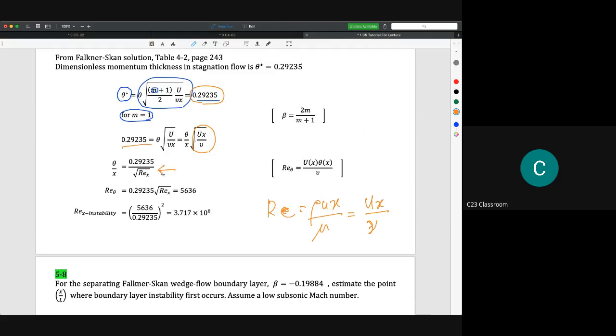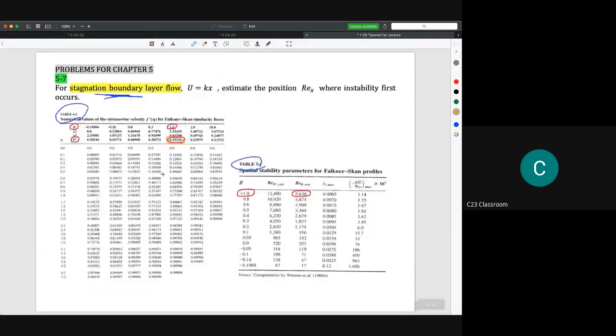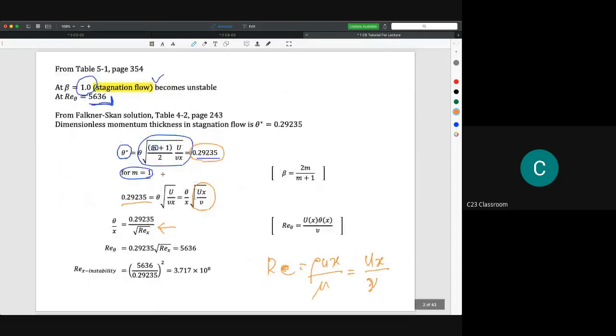Then we equalize with the Reynolds number from the table, which is equal to 5,636, so Reynolds theta is equal to 5,636.